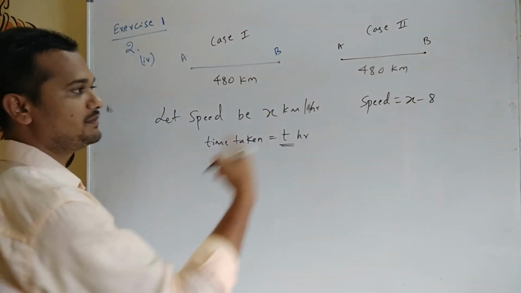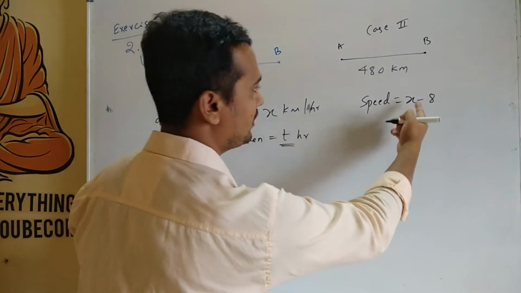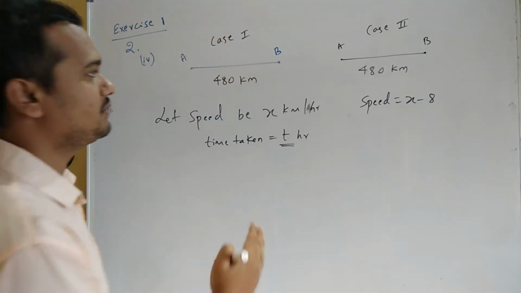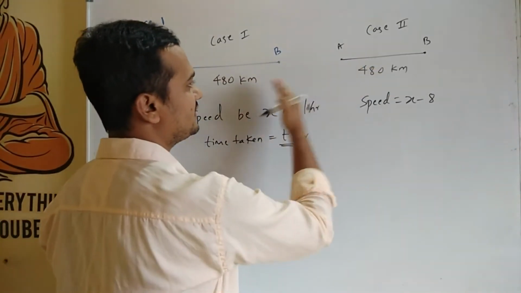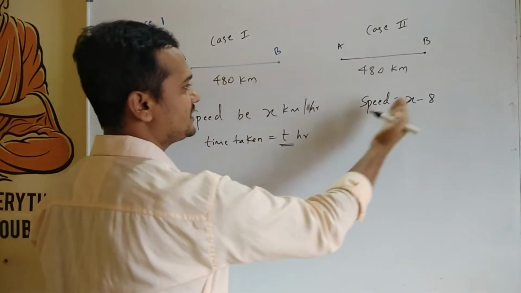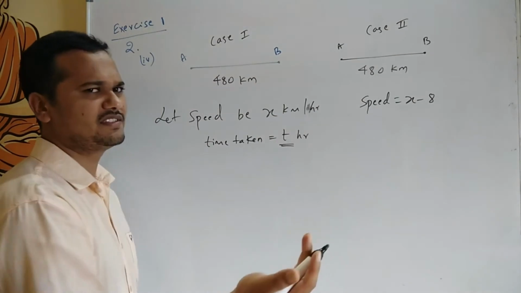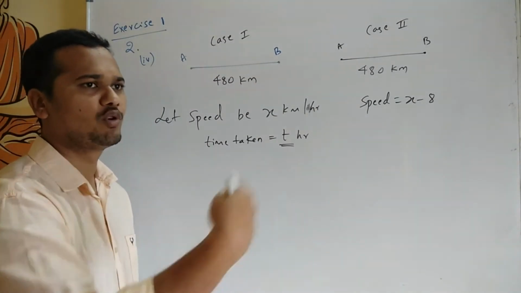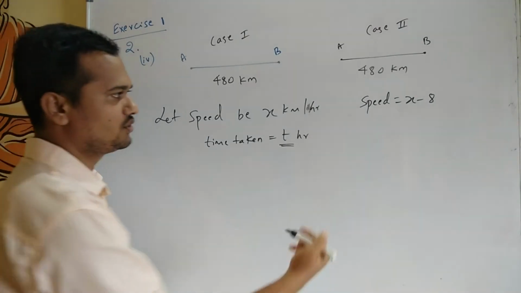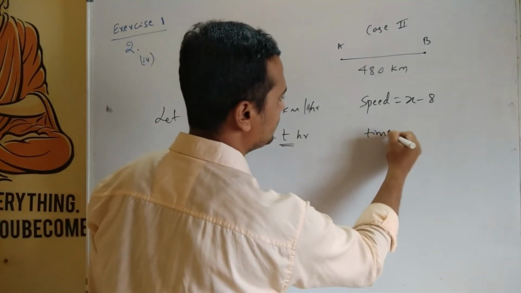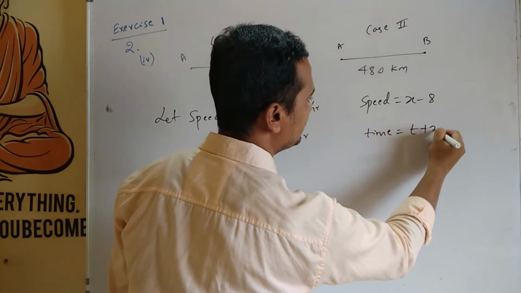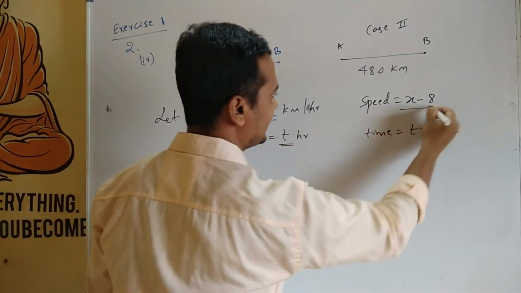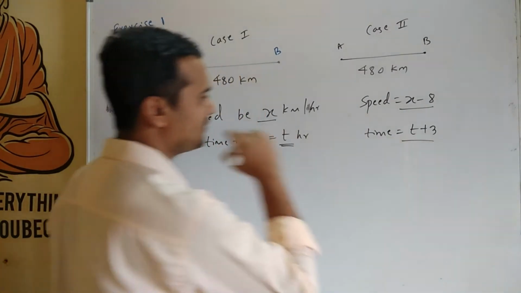Then it would have taken 3 hours more to cover the same distance. In both cases, the distance is the same, but in the second case, the speed is reduced. It's common sense: whenever the speed reduces, the object will take more time to reach the end point. So the time will be t plus 3. So this is the first case and the second case.